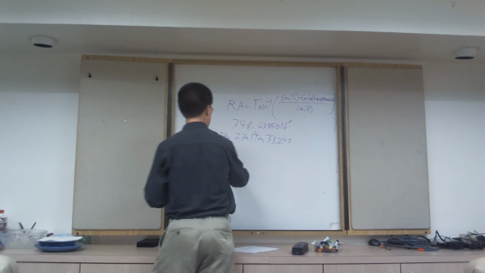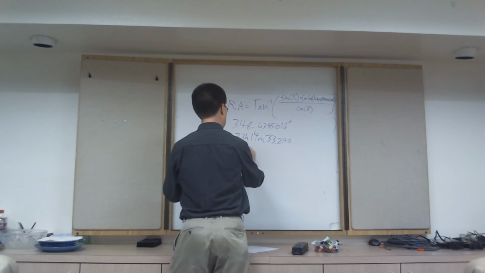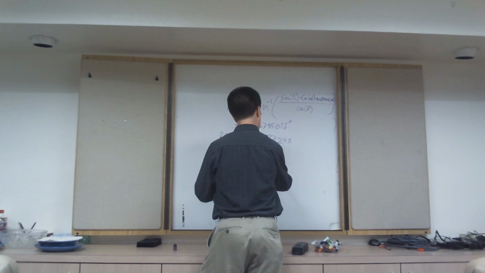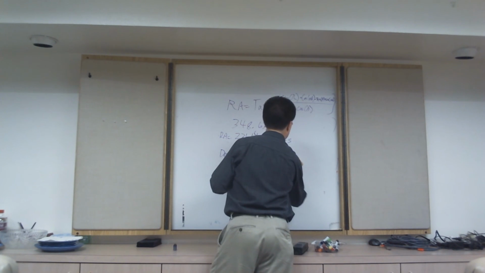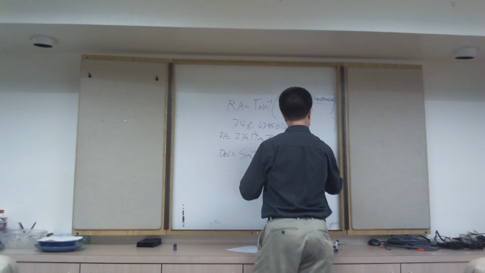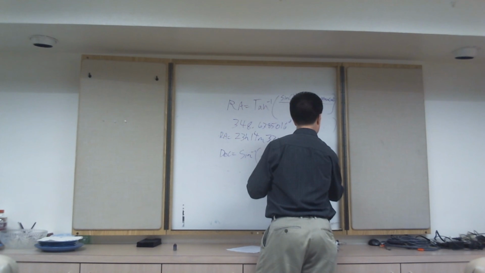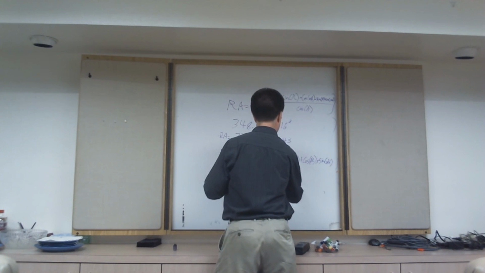Declination is given by the arcsine of sine beta times cosine obliquity of the ecliptic, OBL, plus cosine beta times sine OBL times sine lambda.